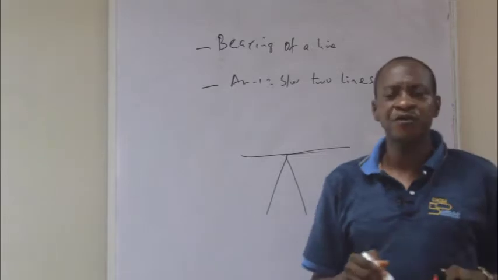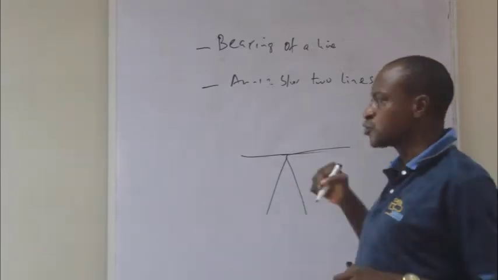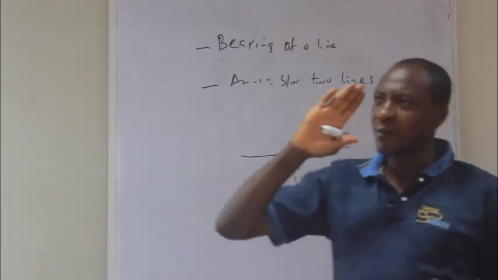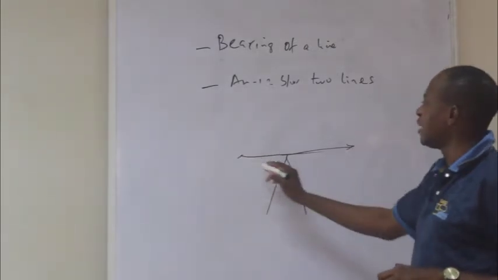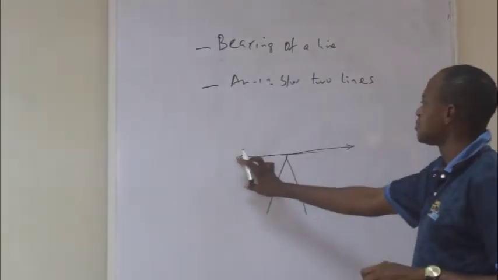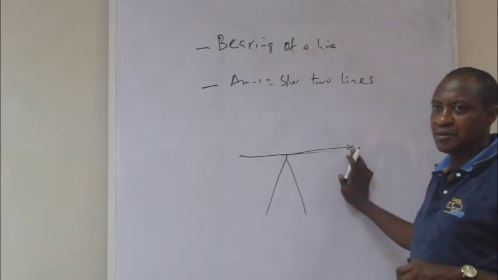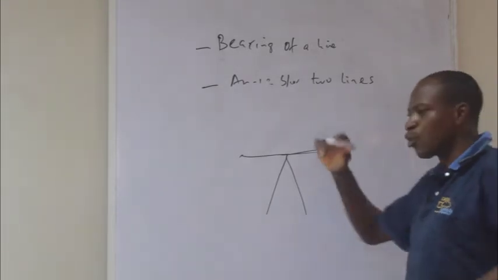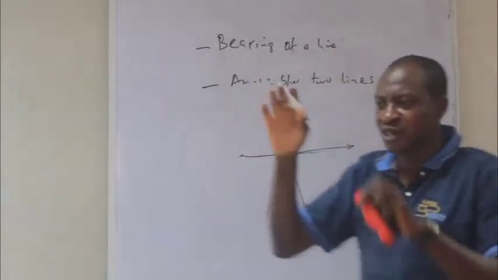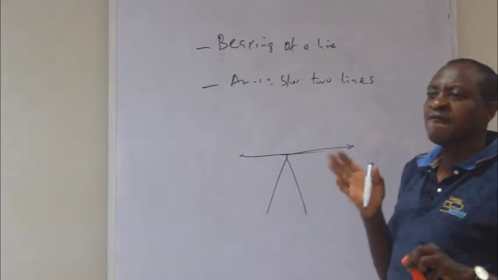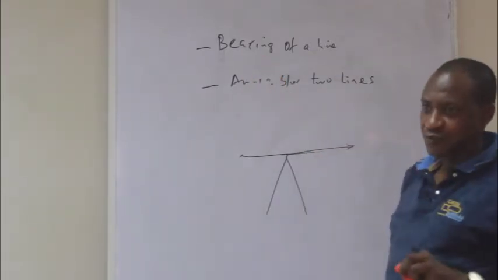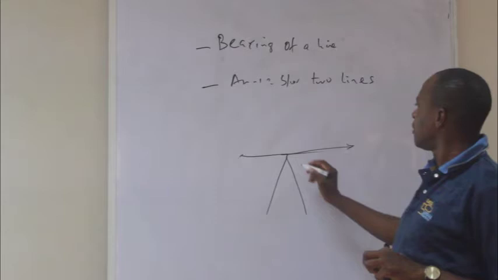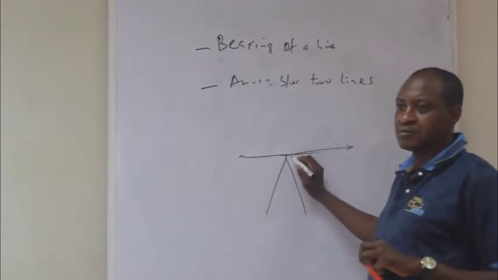Because it's under the influence of a magnet, whenever it settles down, it will point in the direction of north and south. And that's why we call it magnetic north.